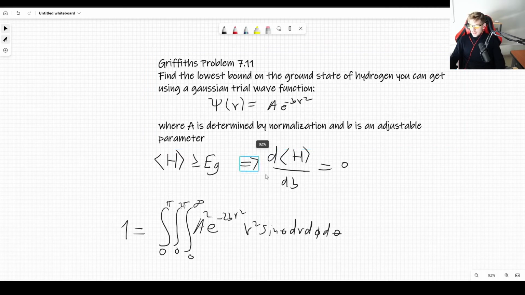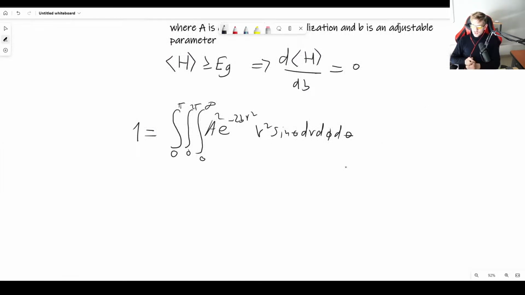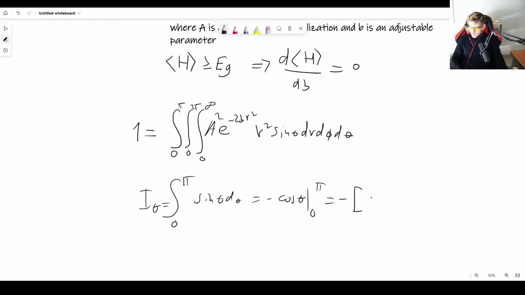Okay, so the phi integral is trivial, it's just 2 pi. The theta integral is simply the integral from 0 to pi of sine, which of course is minus cosine, and evaluated between 0 and pi, we get minus, at pi it is minus 1, and at 0 it is 1.